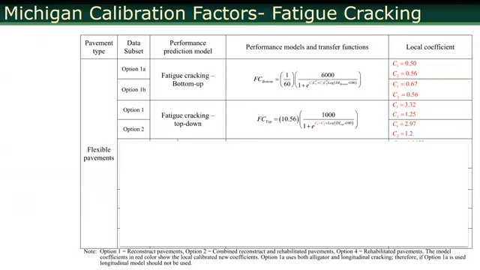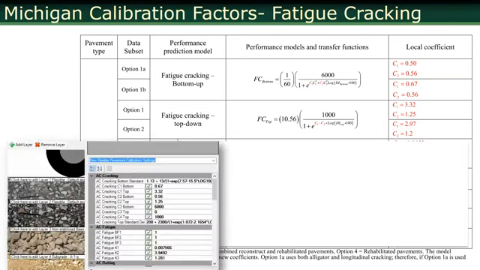These are the Michigan calibration factors based on studies done in Michigan. The C1 and C2 calibrated values are 0.5 and 0.56, and C4 was kept the same. C1 and C2 are the same here, 1.2 and 3.33, and for top-down correction, this is 1,000. Those are the numbers that go here: C1, C2, C4, and all that.